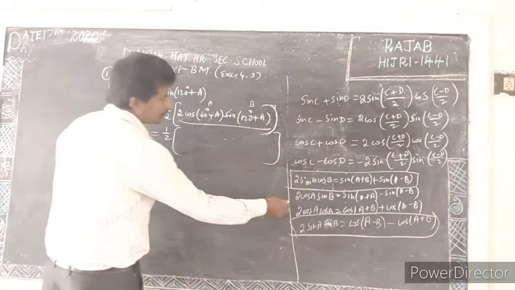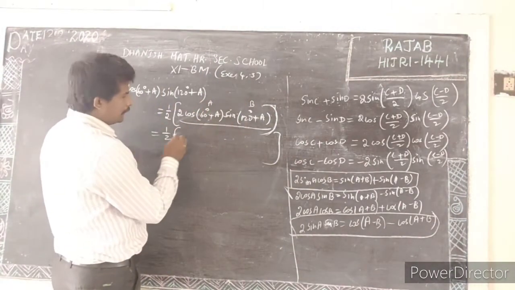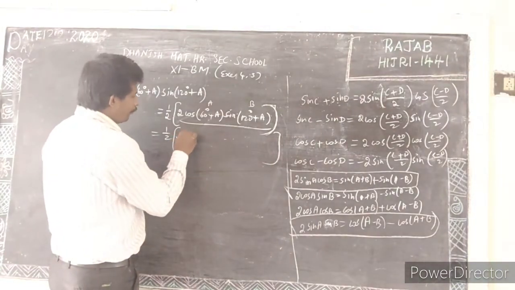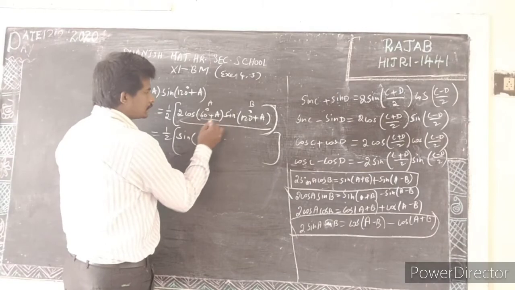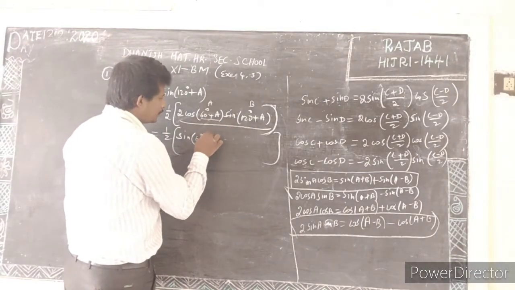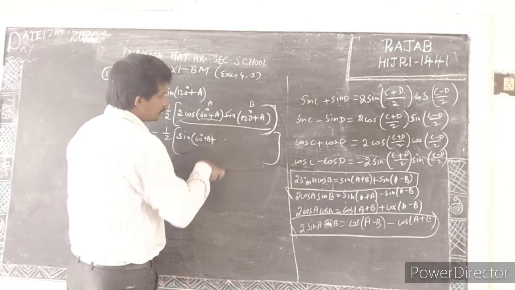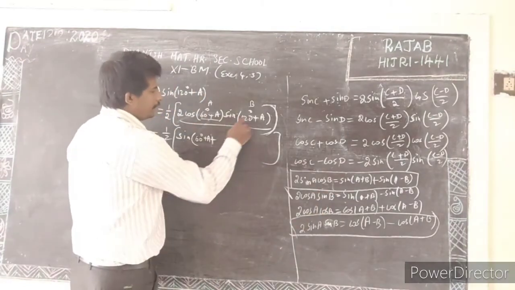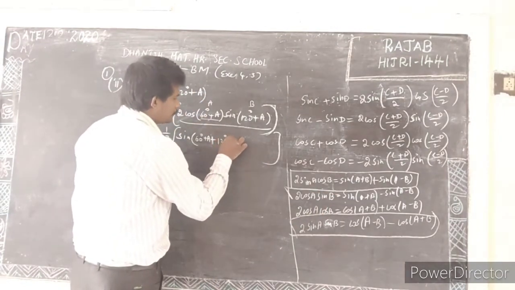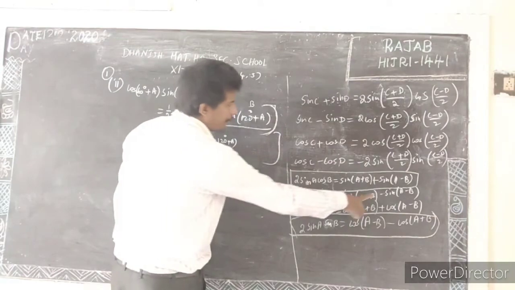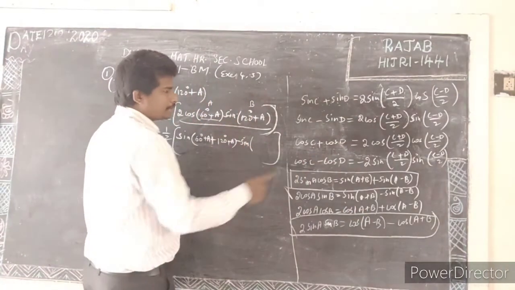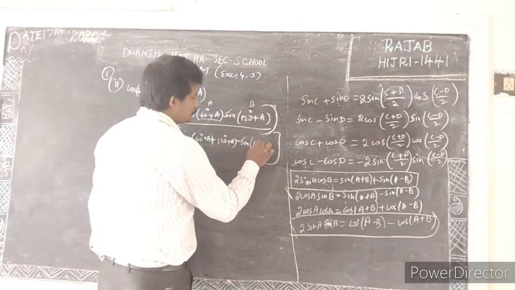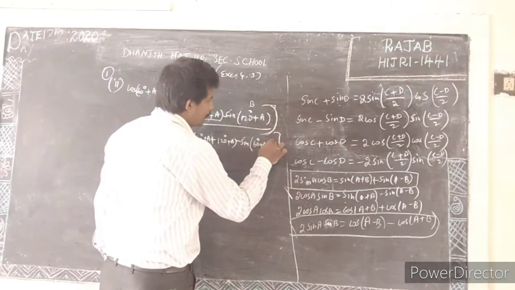I am going to use this identity formula. So sin of a plus b, here our a is 60 degree plus a, plus b, 120 degree plus a. Then we have minus sin of a minus b, so what's our a minus b? 60 degree plus a minus 120 degree plus a.